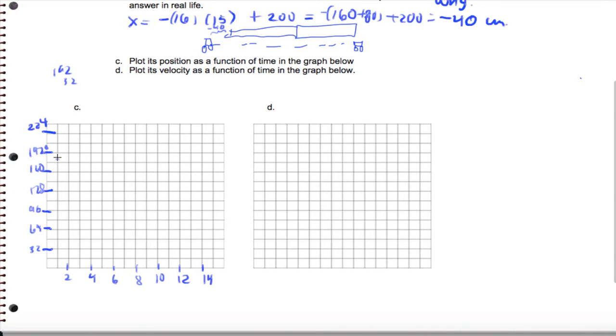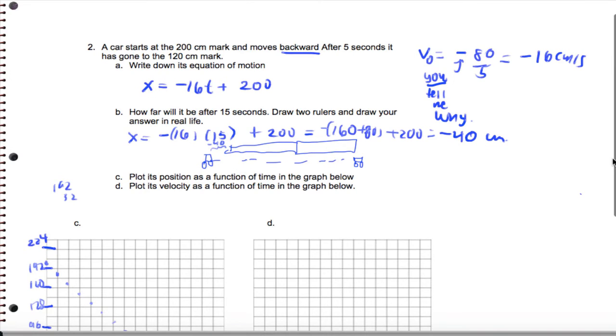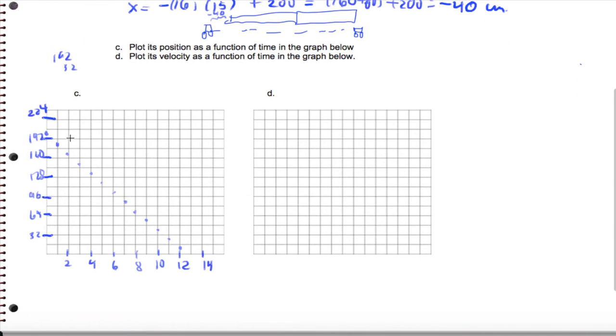So I'll just make sure I'm going down a whole square with each second that goes by. Yep, here we are, following the rule. And just continuing here, let's draw this line.